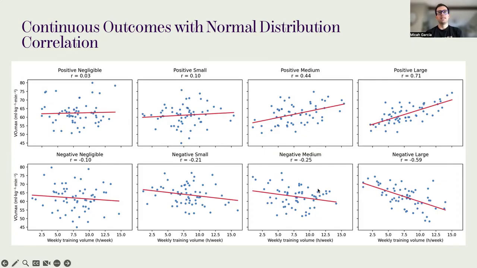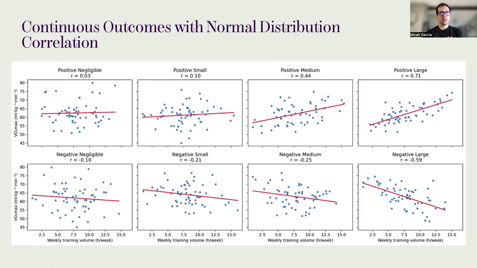The steeper that line gets, and the more consistent those dots are across the line, the stronger the relationship. The same is true for the negative values. As the data get more clustered into a line, that's where you start to have a stronger relationship.